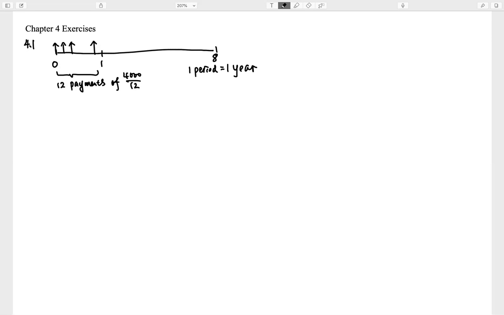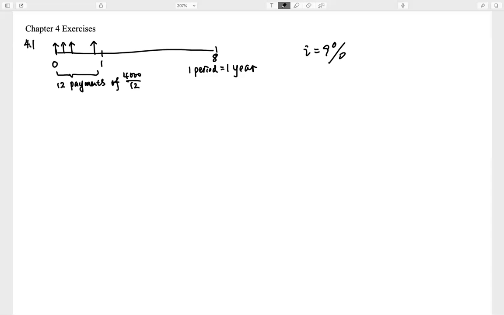So from here, we can analyze this, because this is a piecewise payment, right? And it's an annuity due. We also know the interest rate, which is 9%. Using the notation we introduced in section 4.5, I believe, 4.5 is annuity due payable monthly.